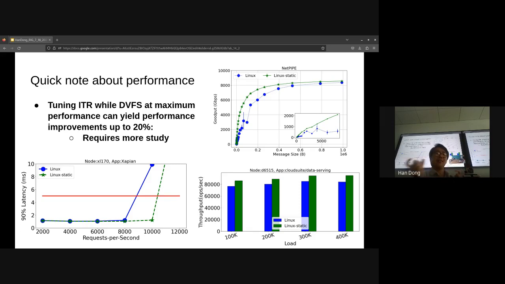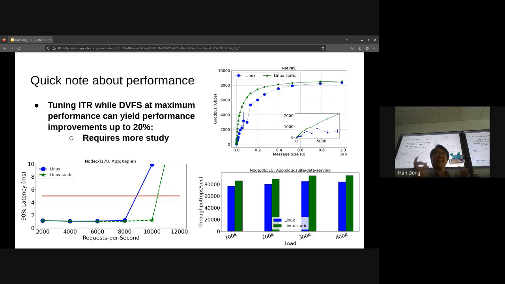But instead of relying on the dynamic ITR algorithm, we did a manual tuning of it to some static value. And the very interesting thing is that we found that across the different hardware and across the software itself, in some senses, very particular ways of setting up this interrupt delay can actually boost the performance of the application up to almost 20%.